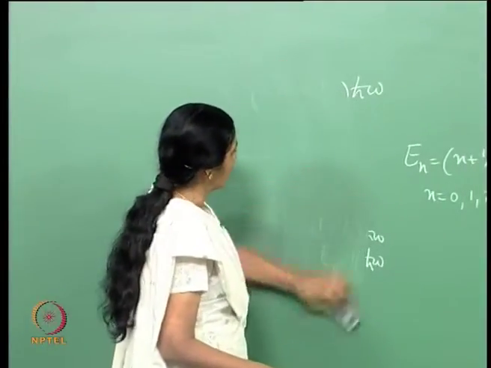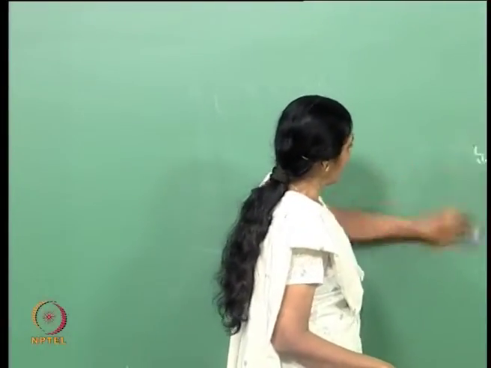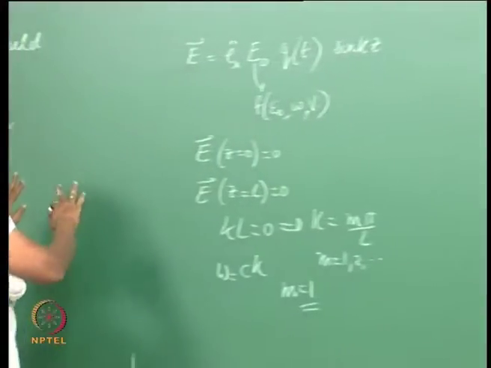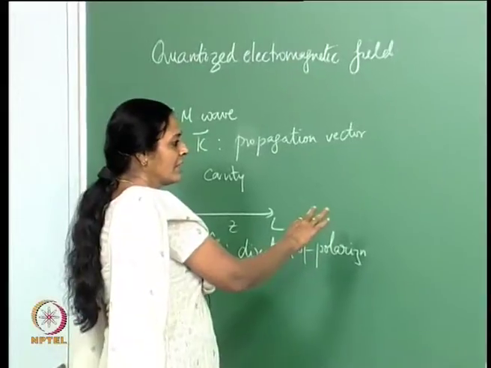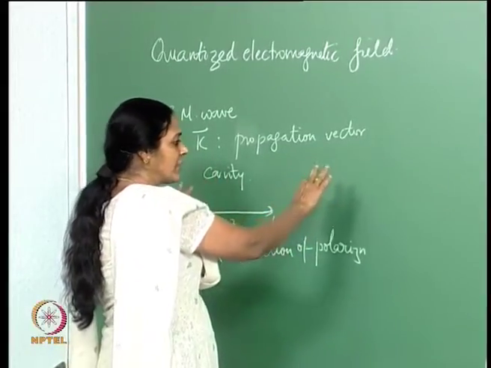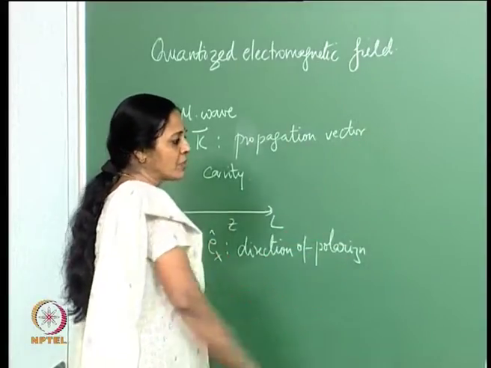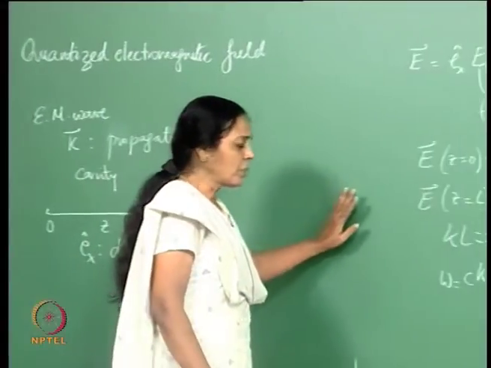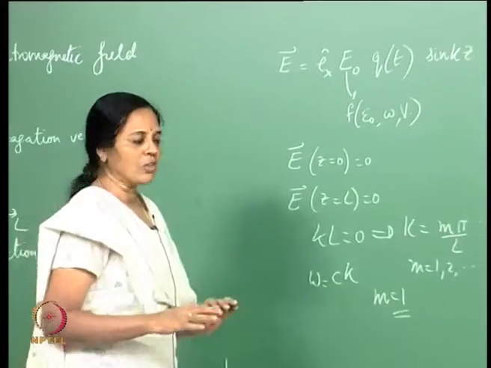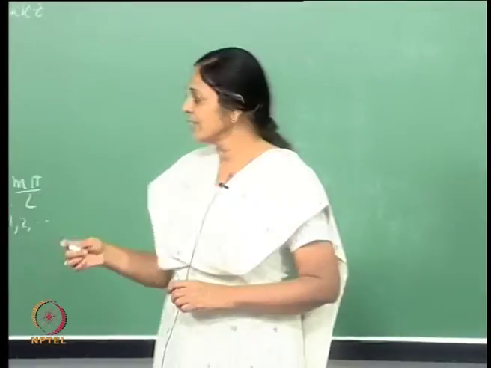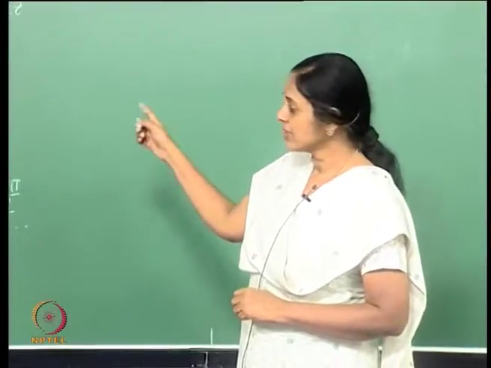Now it turns out that the problem of the quantized electromagnetic field, this is a single mode field propagating along the z-axis, has been chosen for simplicity. This problem has a one-to-one correspondence with the linear harmonic oscillator problem. And that is the mapping that we will see right now.